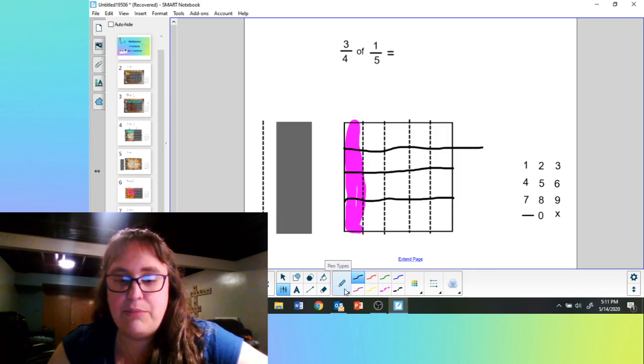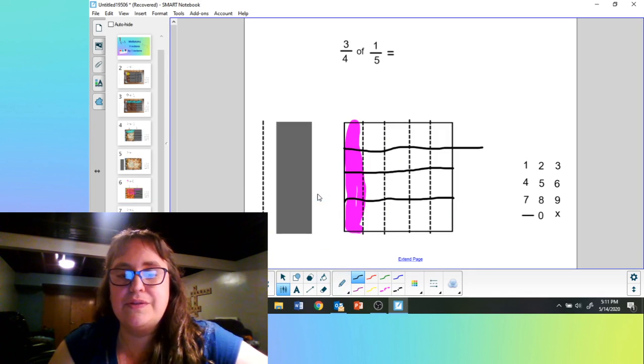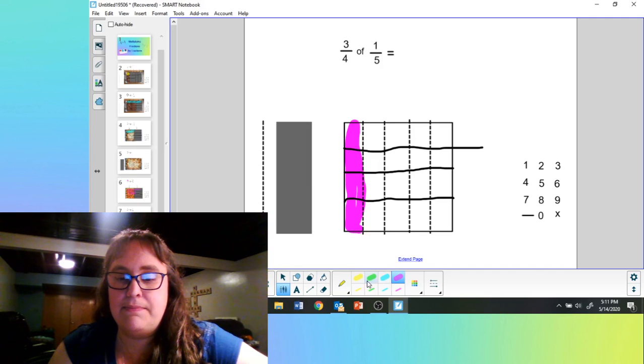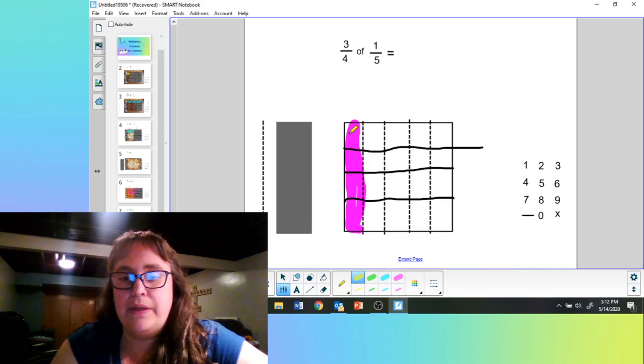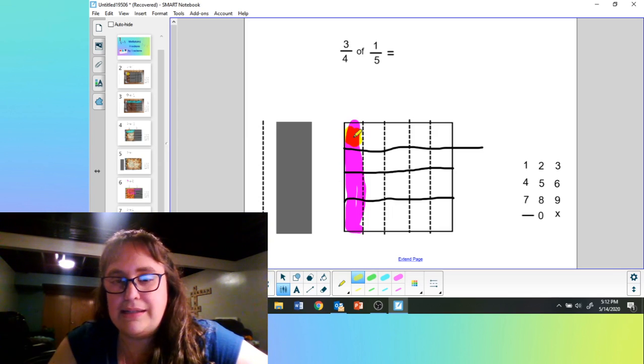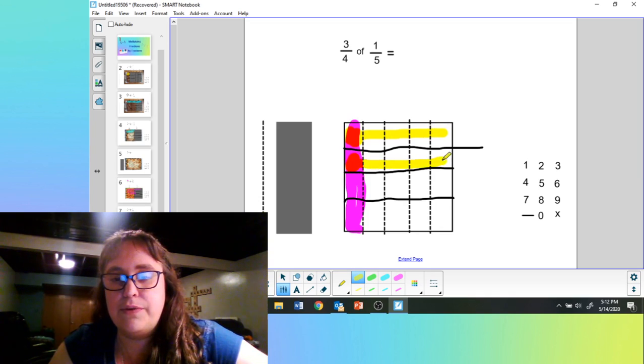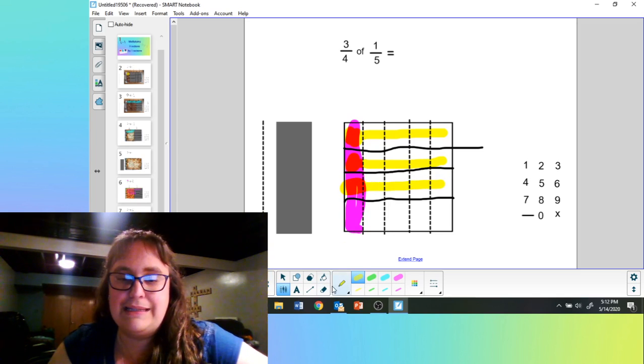I'm going to do the same with that over here. Just use a different color this time. That's too yellow. I'm going to represent the 3 I get. And just like before, where sometimes I want to cross, I'm going to go like this. I'm going to go 1/4, 2/4, and 3/4. Those are the pieces I get.